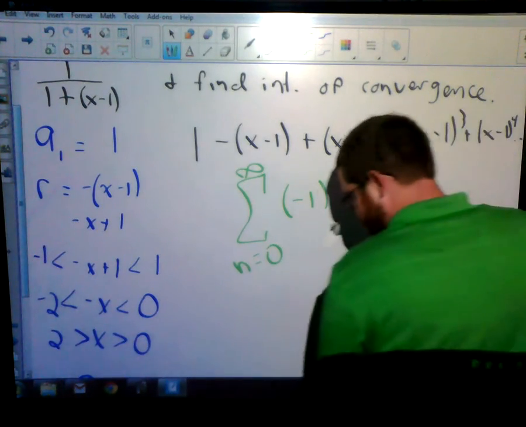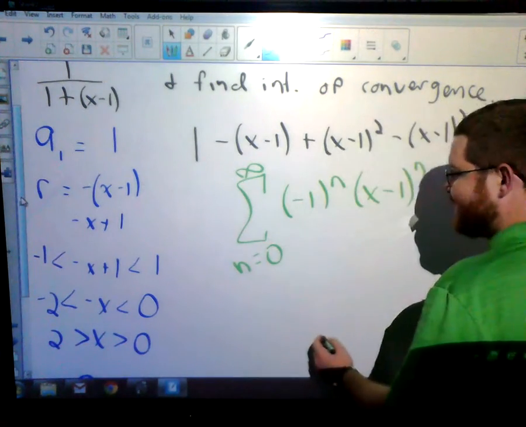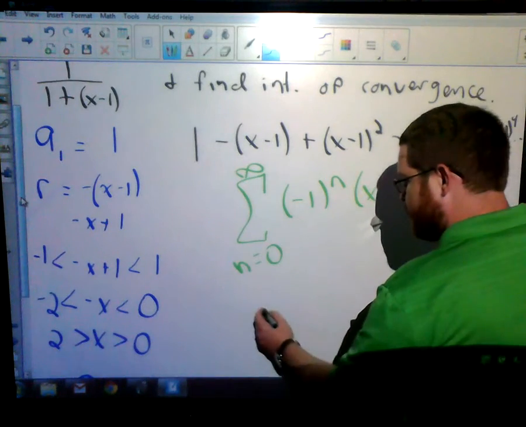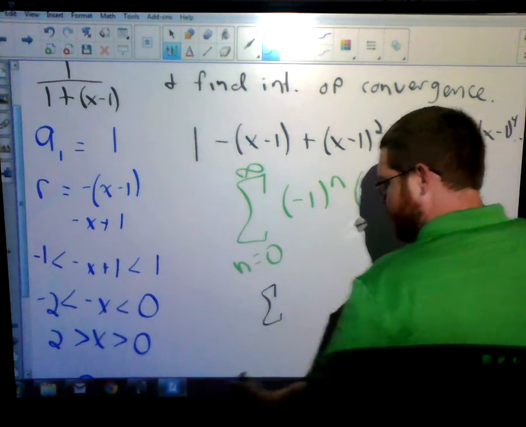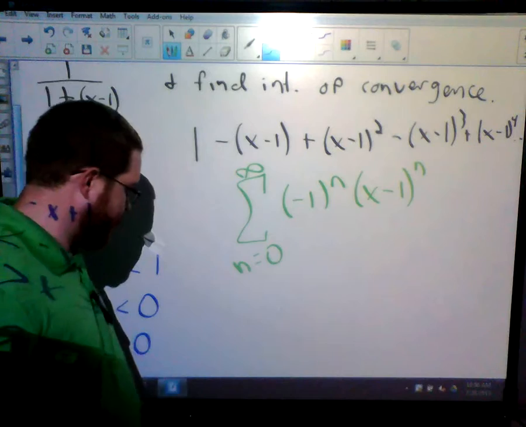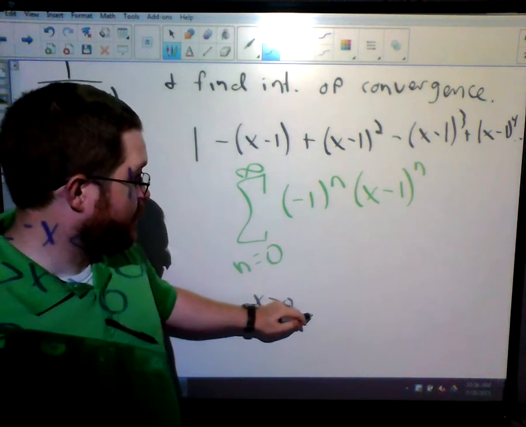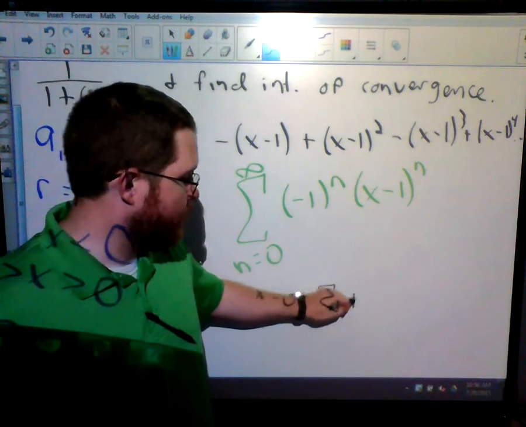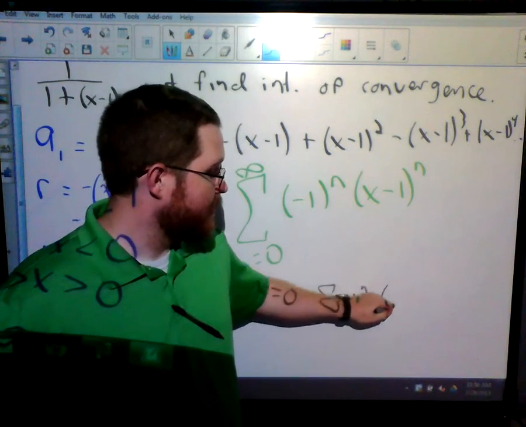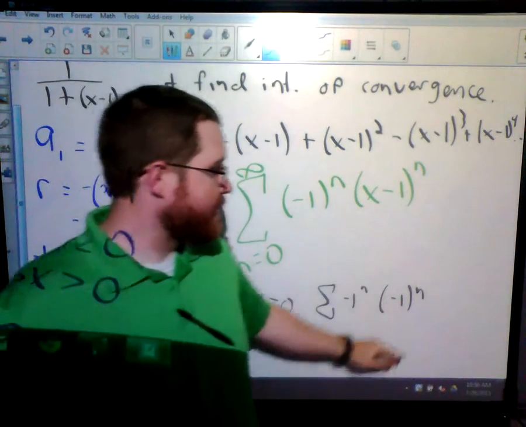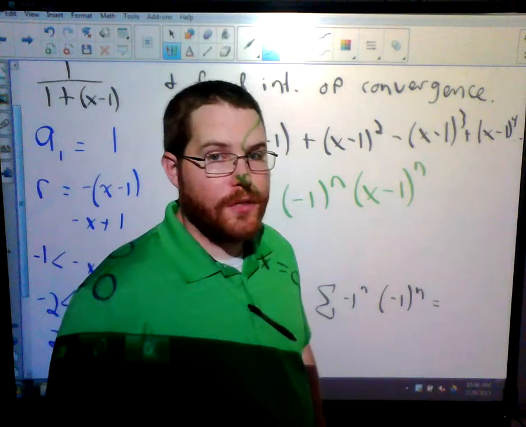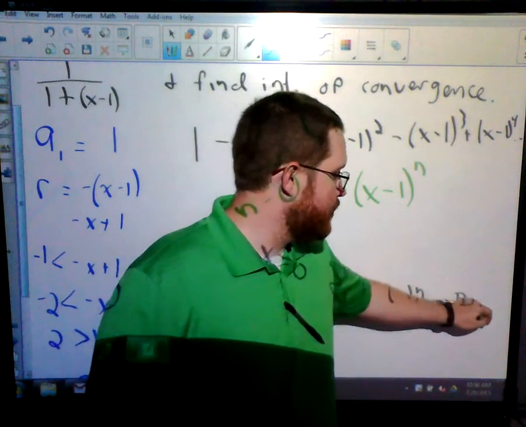Check your endpoints. If you plug in 0 for x, that's -1 to the n times -1 to the n. That's going to be 1 plus 1 plus 1 plus 1 plus 1 plus 1. That's divergent.